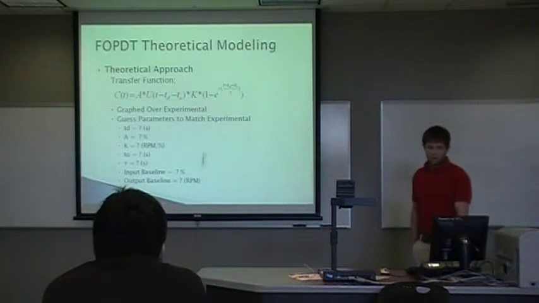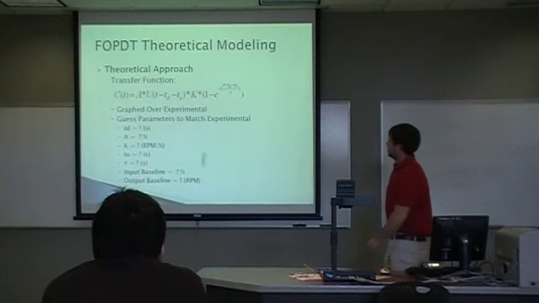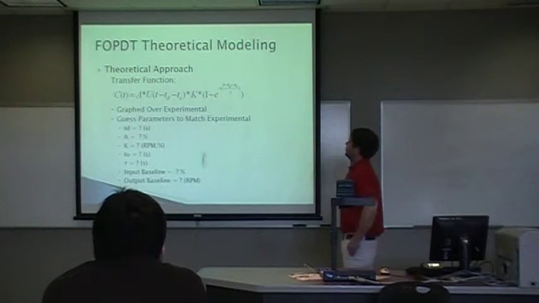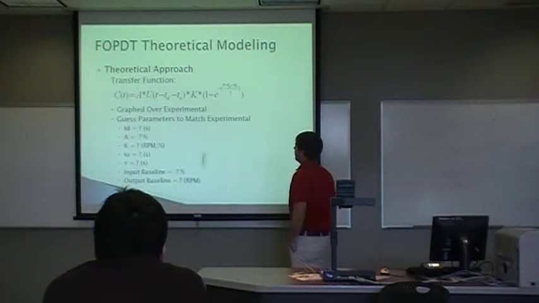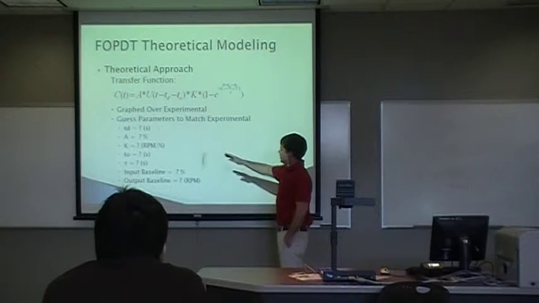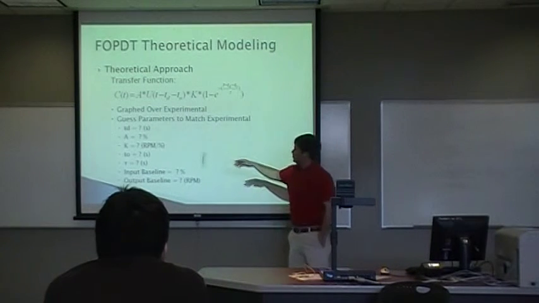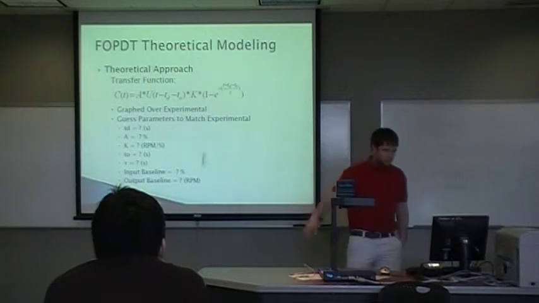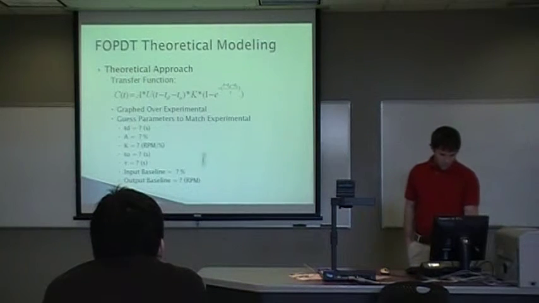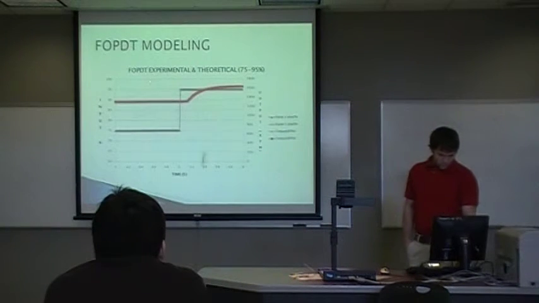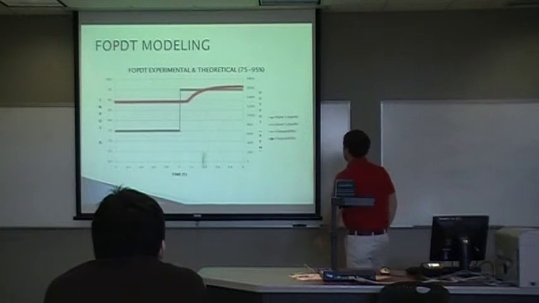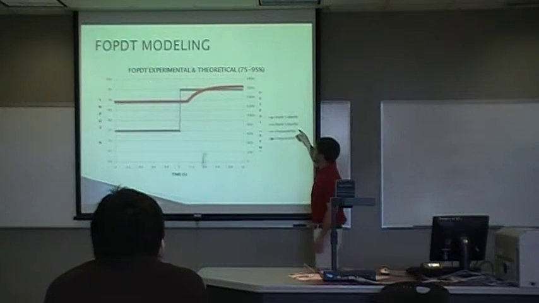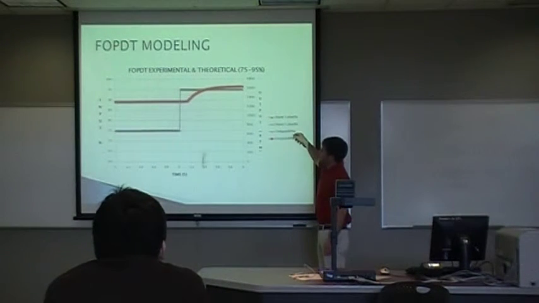For the transfer function modeling, here's what we used. Basically, we guessed the parameters and graphed them over the experimental data, and made it match the experimental data. Here's an example. You can see over here that the input experimentally matches exactly the input theoretically, and same for the output.